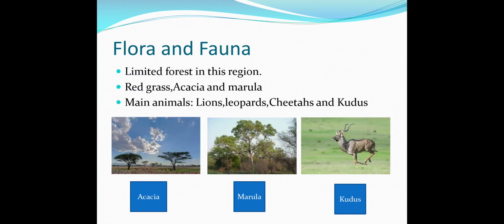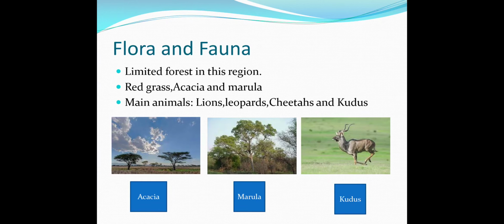Next come the flora and fauna. Due to semi-arid climatic conditions, there are limited forests in this region. Semi-arid means those regions which have light rainfall. Here in the bush veld we can find red grass, and in the high veld we can find acacia and marula.